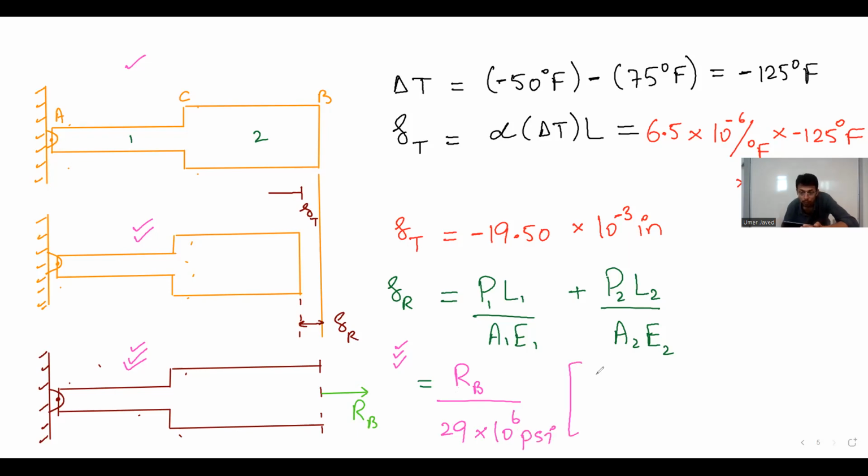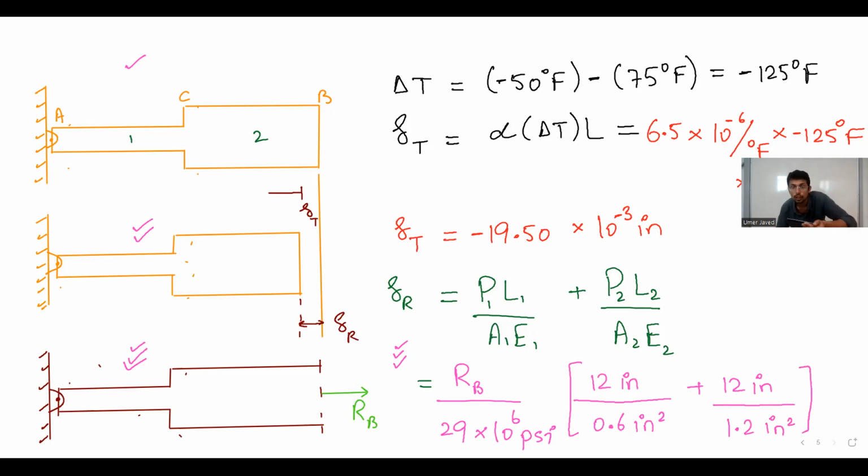L1 is 12 inches, divided by 0.6 inch squared, and then plus 12 inches divided by 1.2 inch squared.